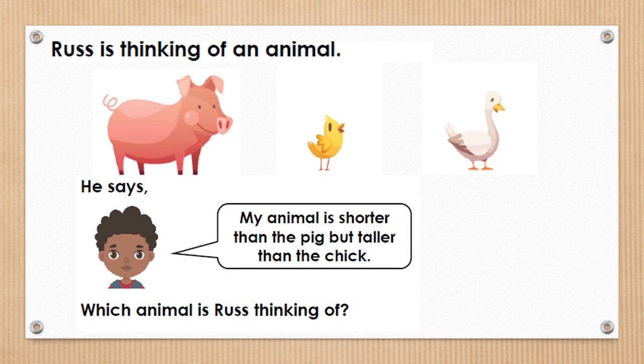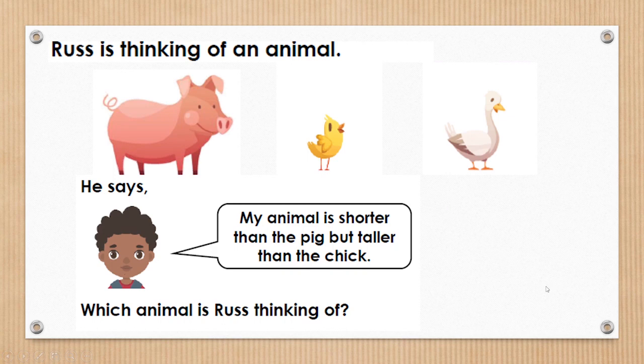What is your suggestion, children? Come on, help me out. It's quite challenging. Shorter than the pig and taller than the chick. Oh, I have figured it out. It's this duck. And we are correct. Thank you, children.